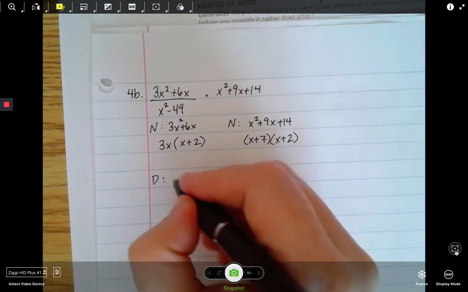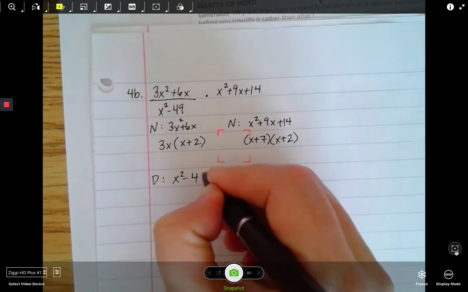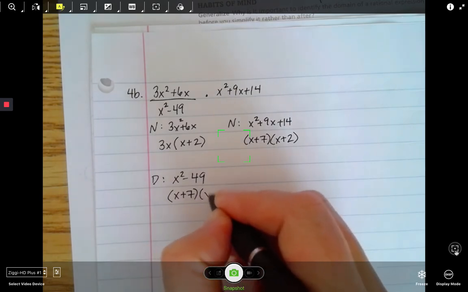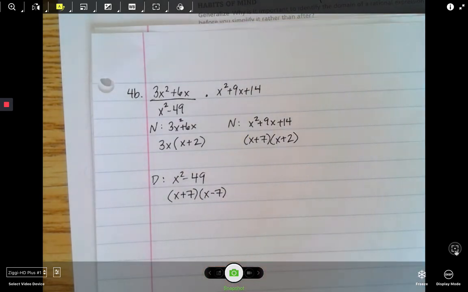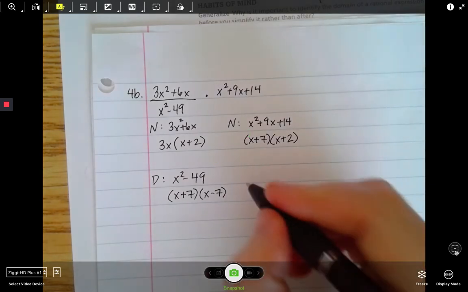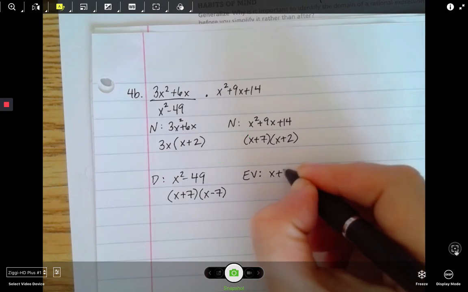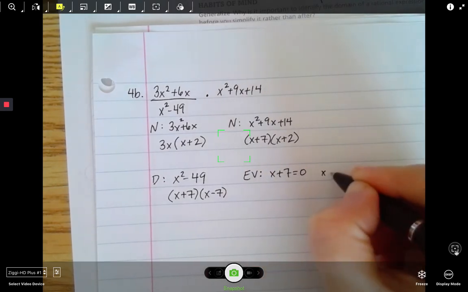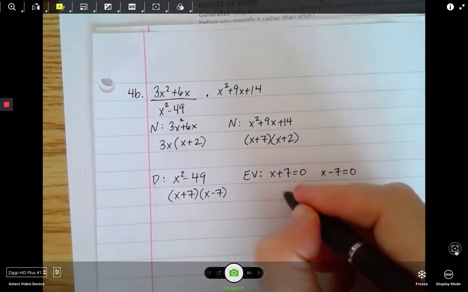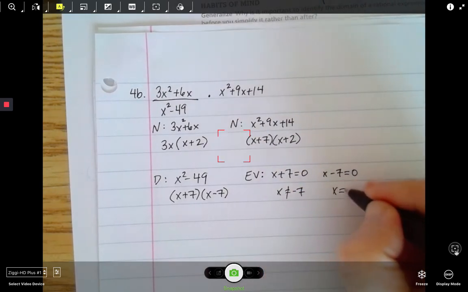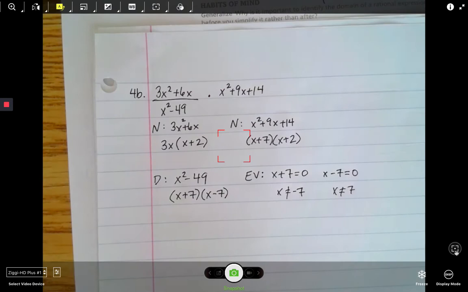My denominator, x squared minus 49, that's that difference of squares, so that's x plus 7 times x minus 7. So we find our excluded values. X cannot equal negative 7, and x cannot equal positive 7.